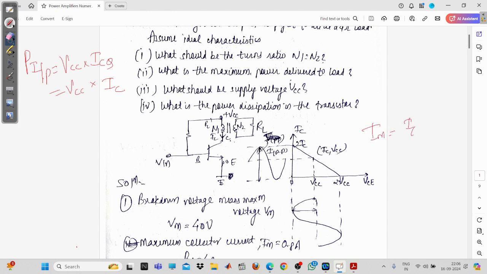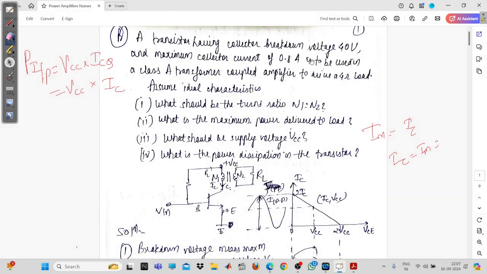IC will be equal to Im. And what is the value of Im? 0.8 ampere. Now similarly, VCC will be equal to Vm. This is 40 volt, that is the transistor breakdown voltage. So this will be 40 into 0.8, that is 32 watt.